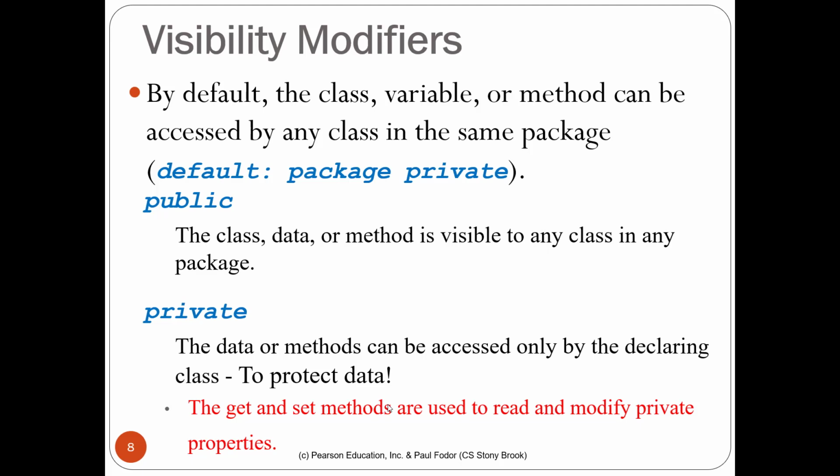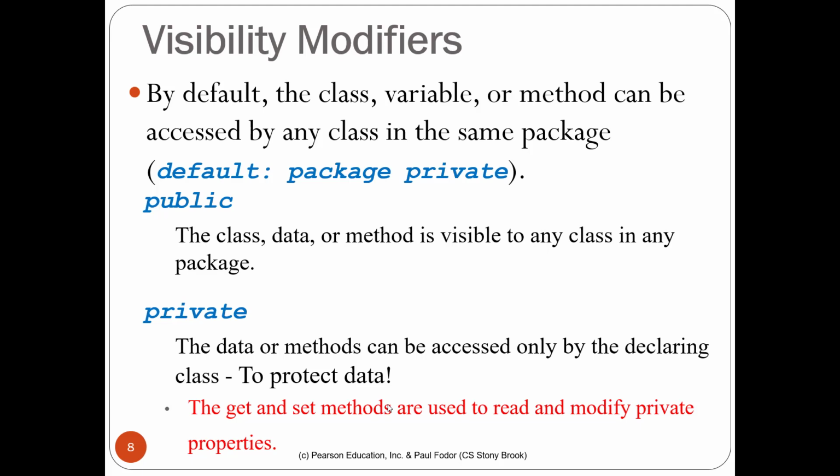Right now we are concerned about three access or visibility modifiers: public, private, and default. Default means when you don't say anything. For example, if you have to declare a radius for a circle, you just say double radius.